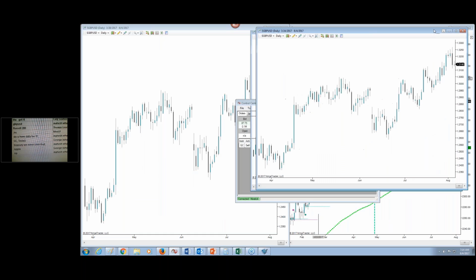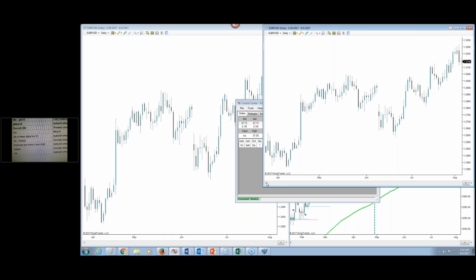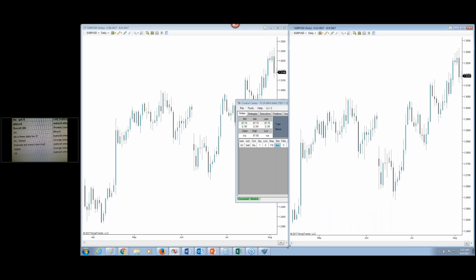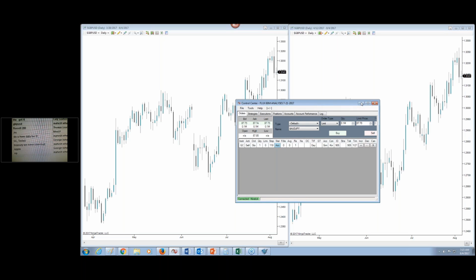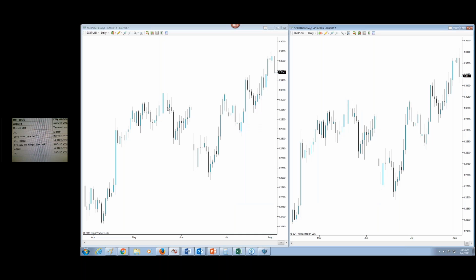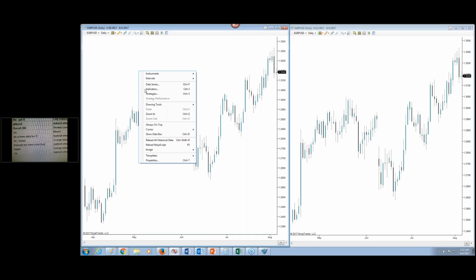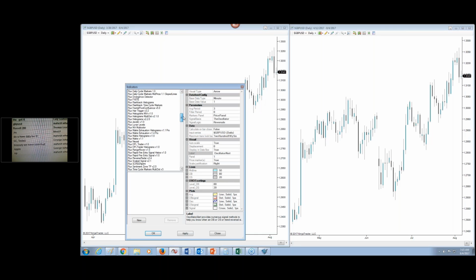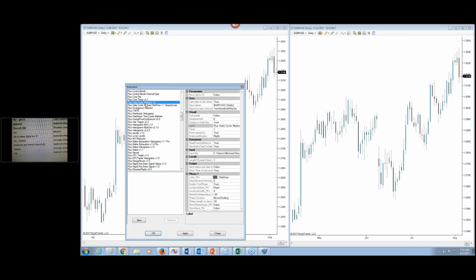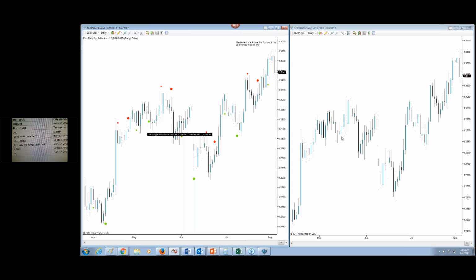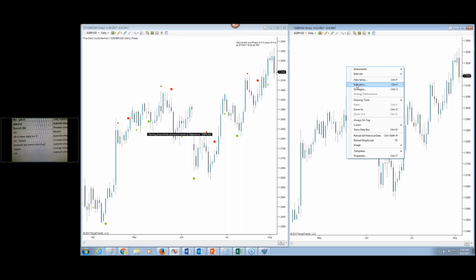There's really three end-of-day predictive software packages for the FLUX family, and I'm going to load two of them on here today. One is called the FLUX Daily Cycle Markers, and the other is called FLUX Orion.